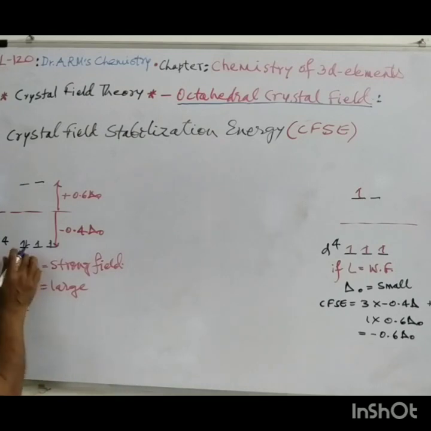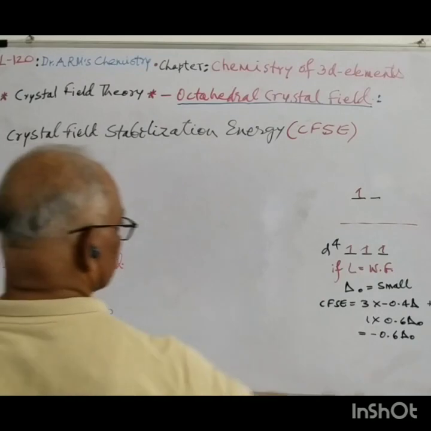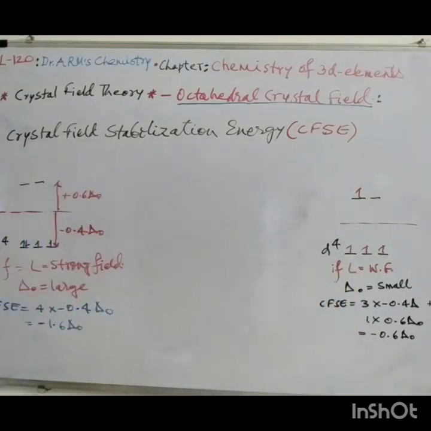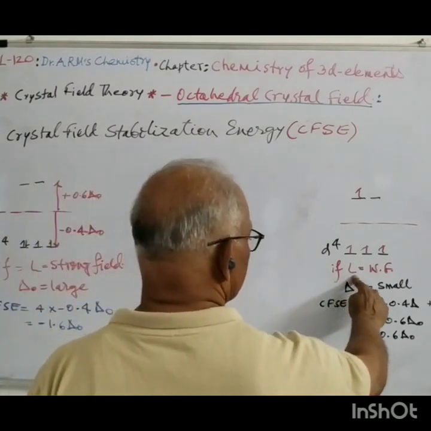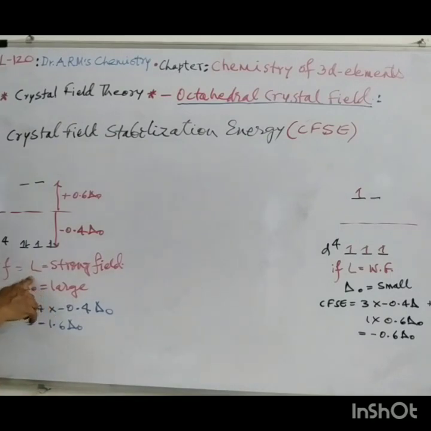What will be the CFSE? All the 4 electrons, that is 4 into minus 0.4 delta O, give us minus 1.6 delta O. So if you compare the d4 configurations, there are only 4 electrons, but the difference is that here the ligands are weak field and here the ligands are strong.